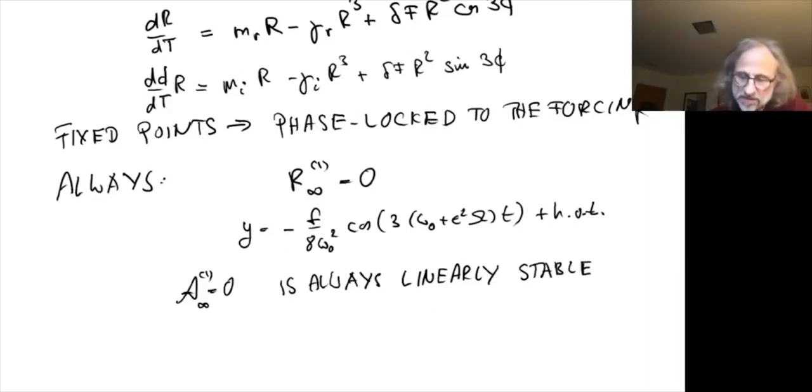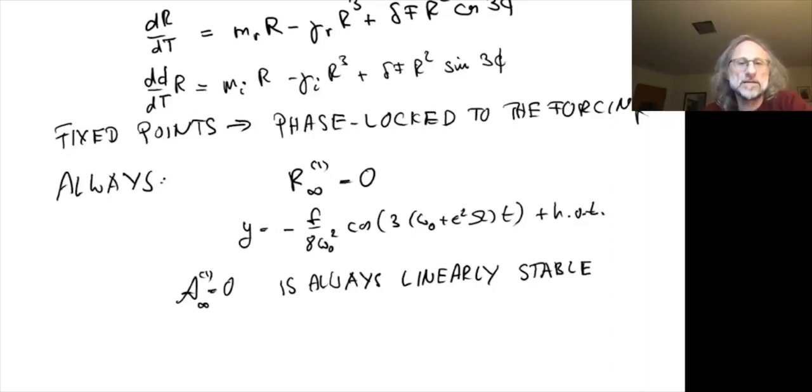Okay, if it's always linearly stable, that means it can't undergo a bifurcation where that fixed point becomes unstable and another fixed point arises. So in other words, a nonlinear solution that is actually phase locked to the forcing cannot arise from a bifurcation from this solution. That's kind of weird, but that's what we find so far. I mean, of course, it could be there is no nonlinear solution.